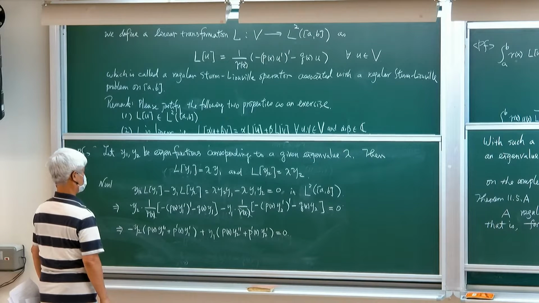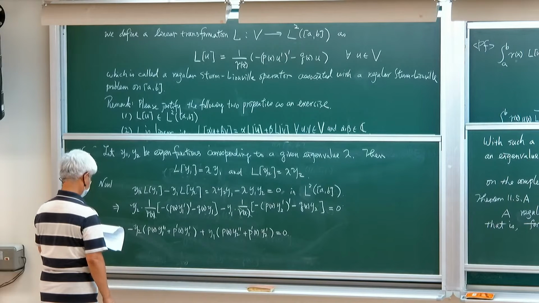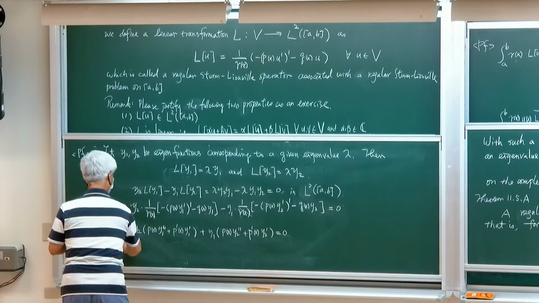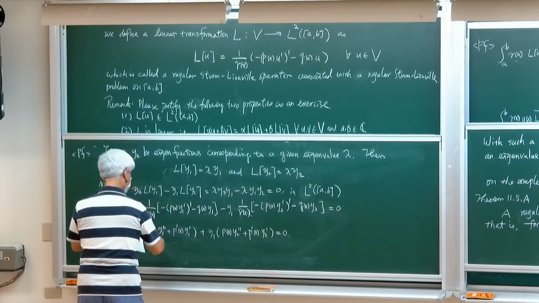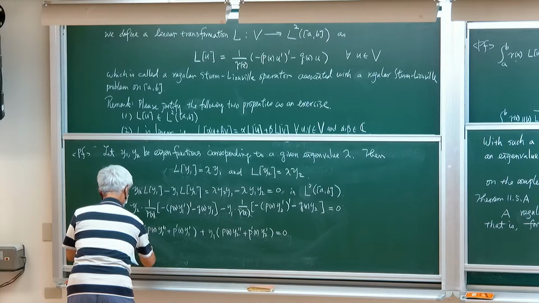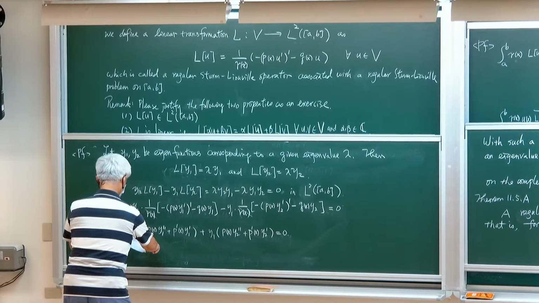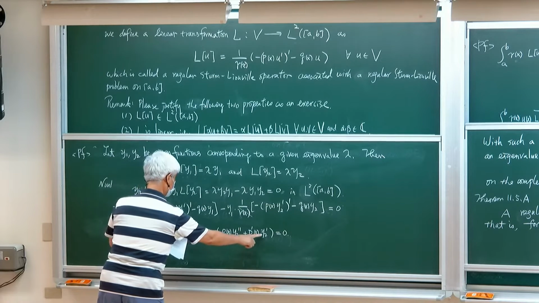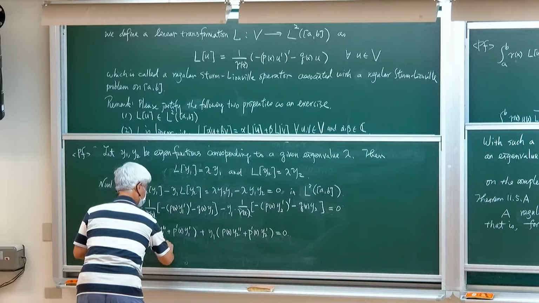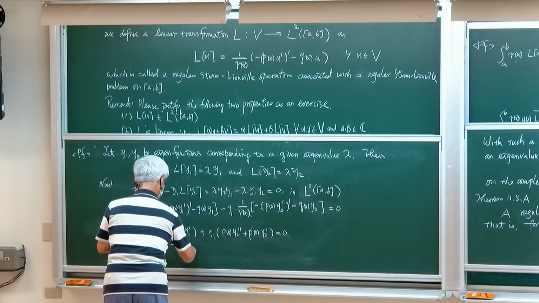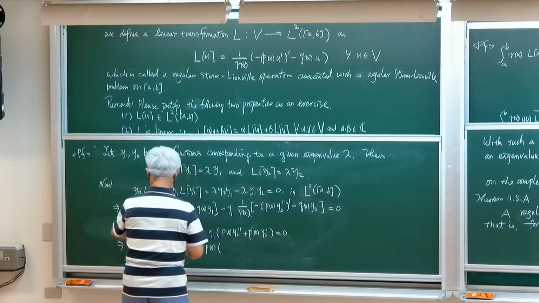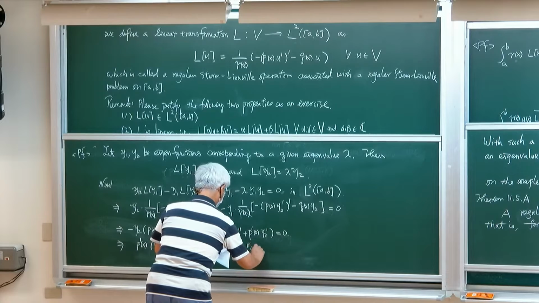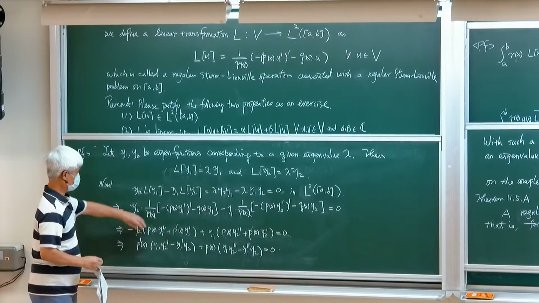All right, and so when we combine the terms with the same factor of P prime of x and the same factor of P of x, we have P prime of x times y1 y2 prime minus y1 prime y2, plus P of x times y1 y2 double prime minus y1 double prime y2, equal to 0.